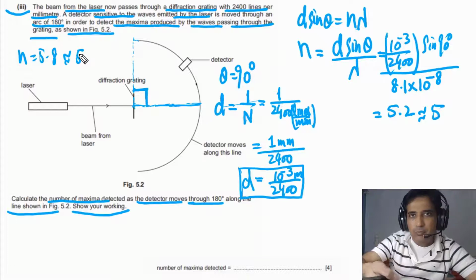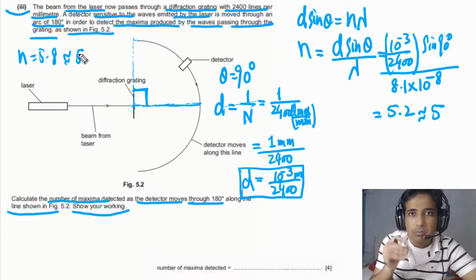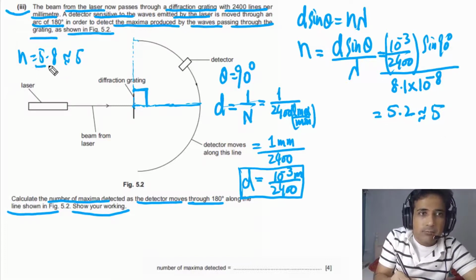So you have to round down. You have to write down the next closest integer, smaller, not greater. We have to take positive integer, but it has to be the smaller one, not the higher one. So in this case, you have to take 5, not 6. Even if you got n is equal to 5.8, still you have to write down 5.